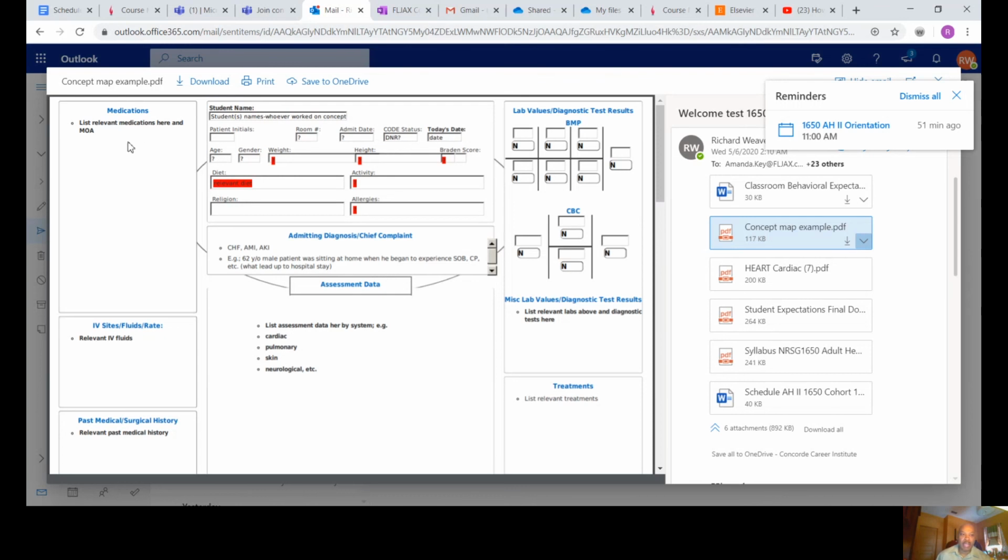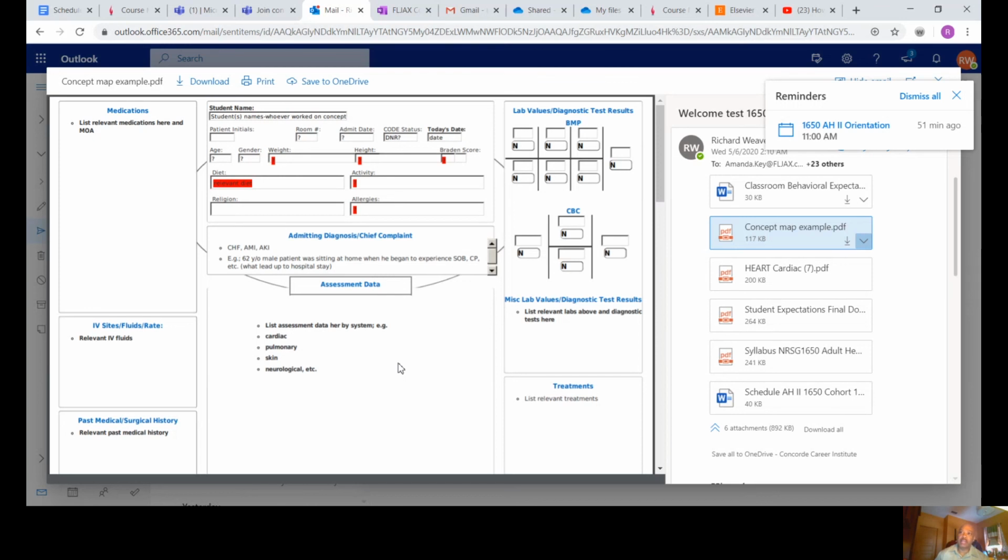Here we talk about the medications. I want you to not only list the relevant medications for a disease process, but also the mechanism of action for that particular drug. What is that drug doing? And of course, all the other information here. This is also important, assessment data. I typically like to break down my signs and symptoms by systems.